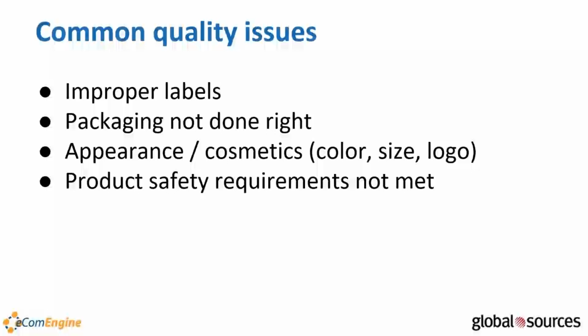Another common issue that I see suppliers facing, importers facing, is packaging not done right. This is especially critical if you're selling on Amazon. For example, the supplier might not have put the shipping labels on the correct place on the carton, or they might have used packing materials that are not allowed by Amazon.